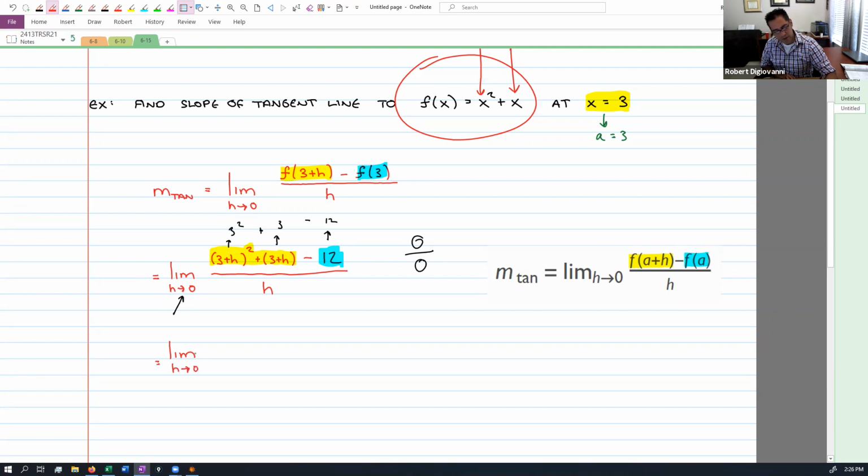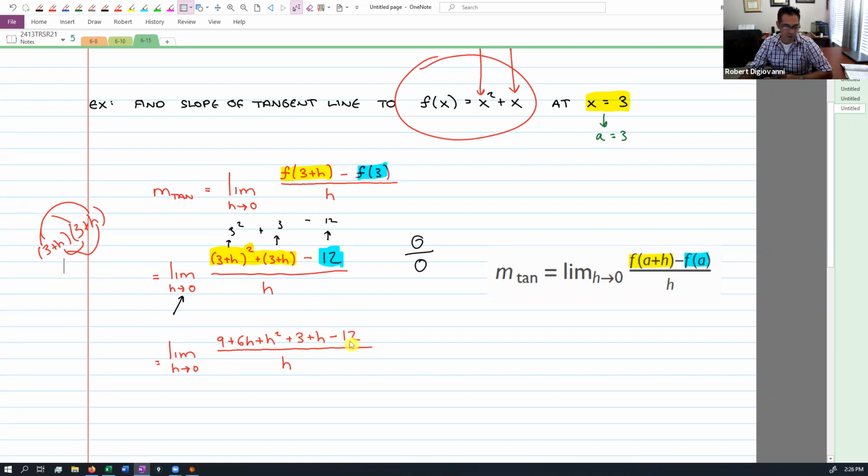So the algebra I'm going to do is I'm just going to expand out the numerator. So I'm going to multiply the 3 plus H, squaring it, like multiply times itself. I'm going to trust that you can do that on the side if you needed to. 3 plus H times 3 plus H. Well, you should get 9 plus 6H plus H squared. And then you'll have the 3 plus H here.